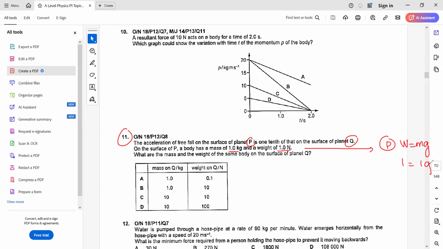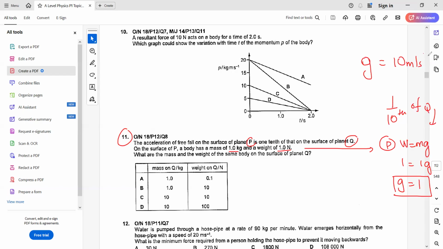So let's find out the g. So g would obviously be 1 on planet P. And the other statement states that this is 1/10 of Q. So Q should have an acceleration of 10 meters per second squared, right?